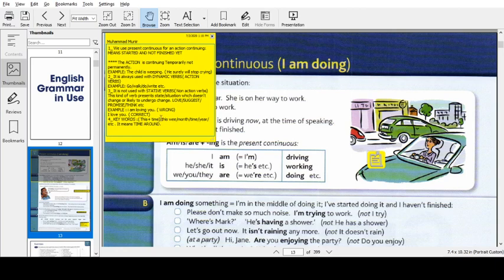Once again, I am going to summarize the things. Please listen carefully. Number 1, present continuous is used when the action continues and is not finished yet. Number 2, the action which is in continuous form has a specific time or period which is temporary and not permanent. Number 3, there are two kinds of verbs, dynamic verbs and stative verbs.